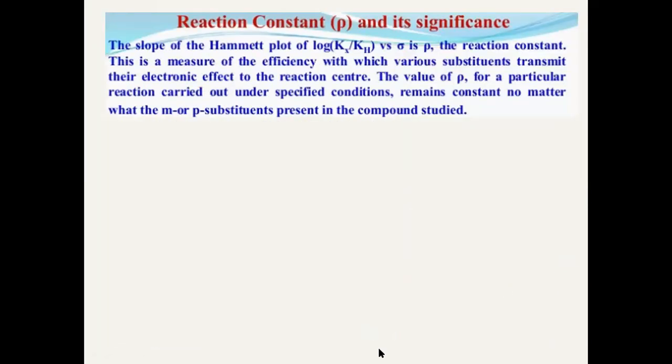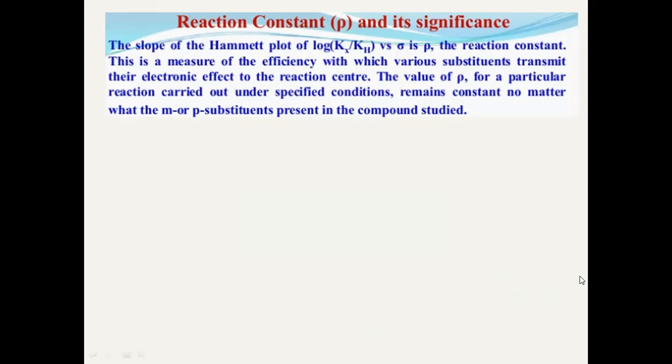See, what is the next point? Reaction constant. Sigma is a substituent constant; this is called rho. Rho is the reaction constant. So what is the significance of the reaction constant?